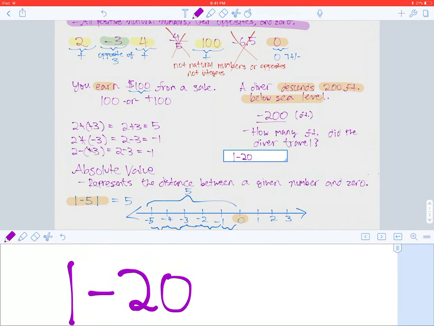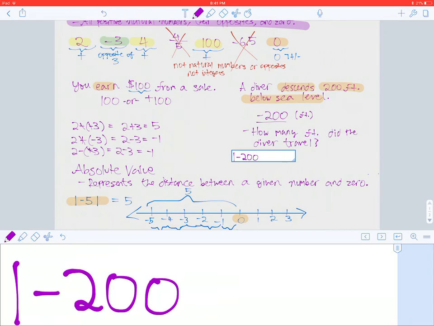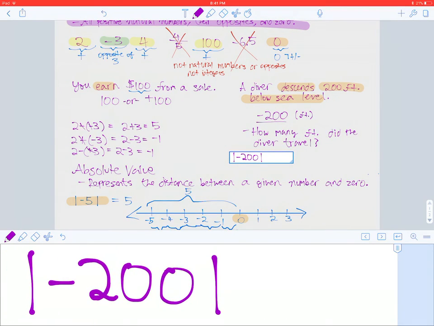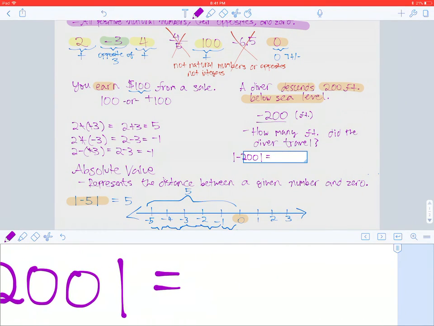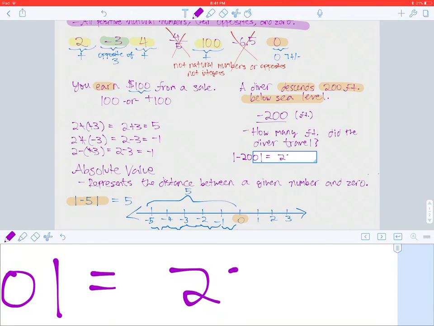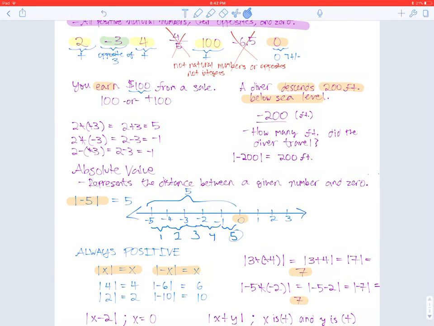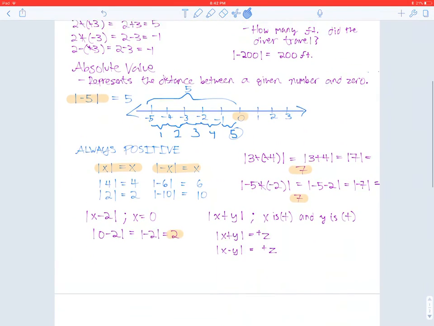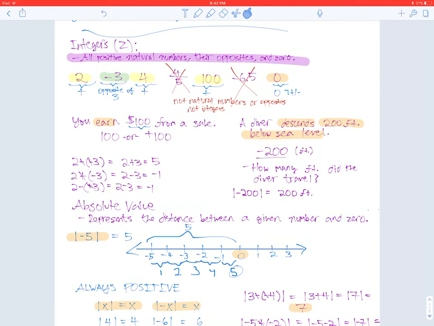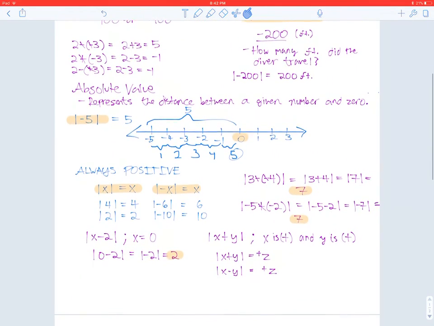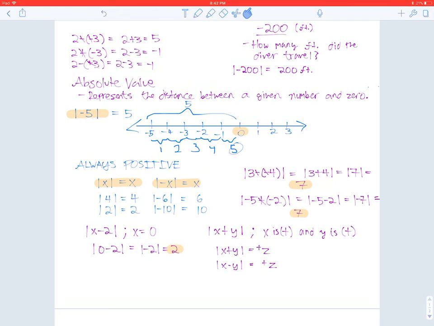Instead, it's asking how many feet the diver traveled. Traveling implies distance. So if we describe it in terms of distance, we know it's actually 200 feet that the diver traveled, not negative 200. Distance is not negative distance. So hopefully you can understand now exactly how you can put these integers and absolute value into a logical context.